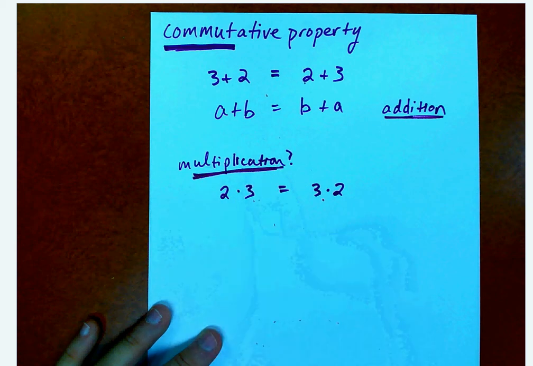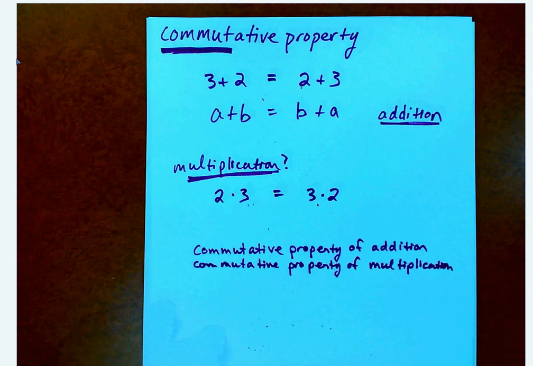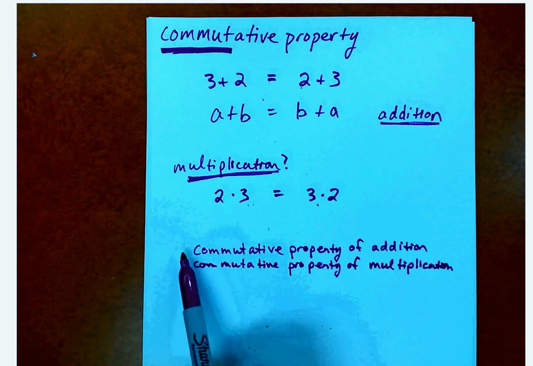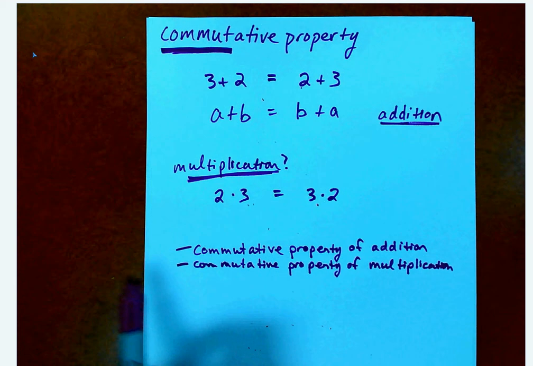This will always be true for addition and multiplication. So from this, we have two properties: the commutative property for addition and the commutative property for multiplication. Please remember that there are two properties that come out of this one, the commutative property.